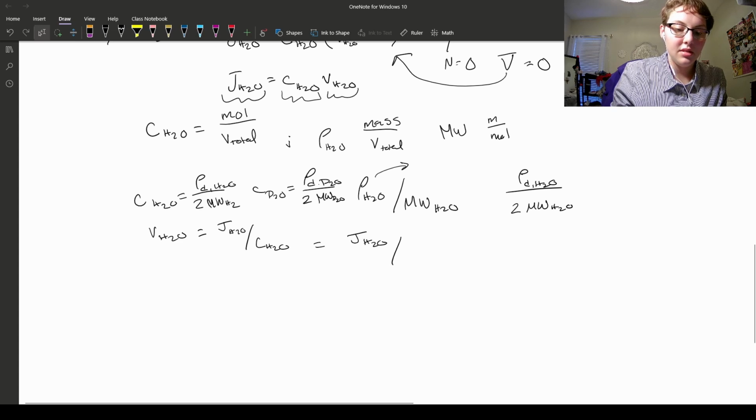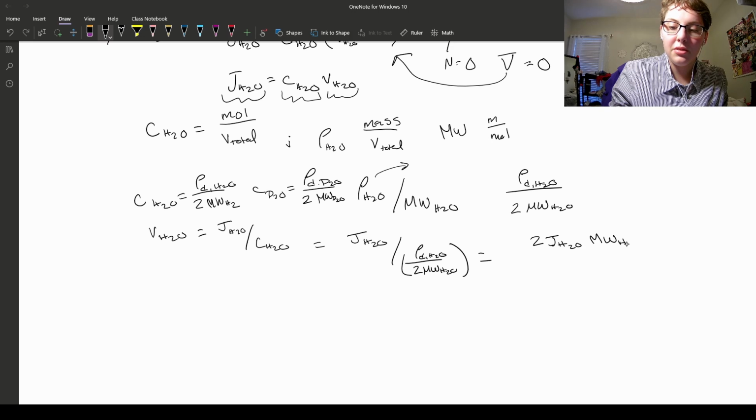The molar diffusive flux divided by density of the material divided by 2 times molecular weight of the material, which is of course just going to be equal to 2 times the molar diffusive flux of the material, times the molecular weight of the material divided by the density of the material.